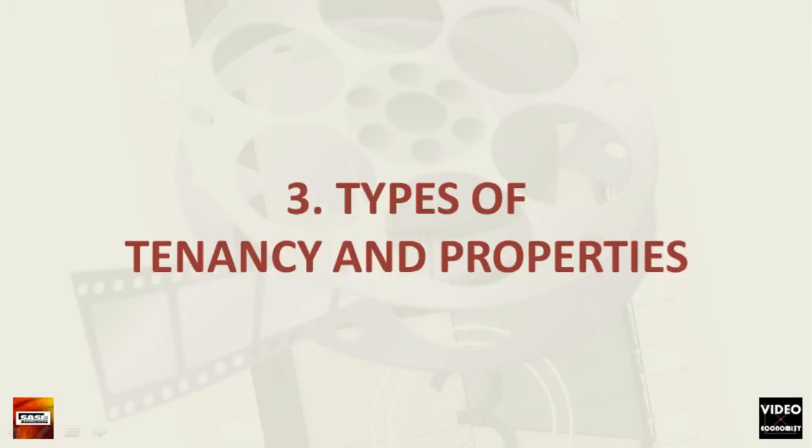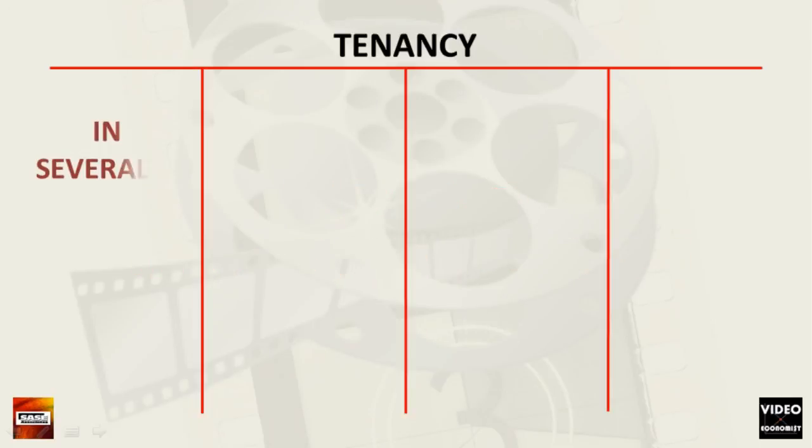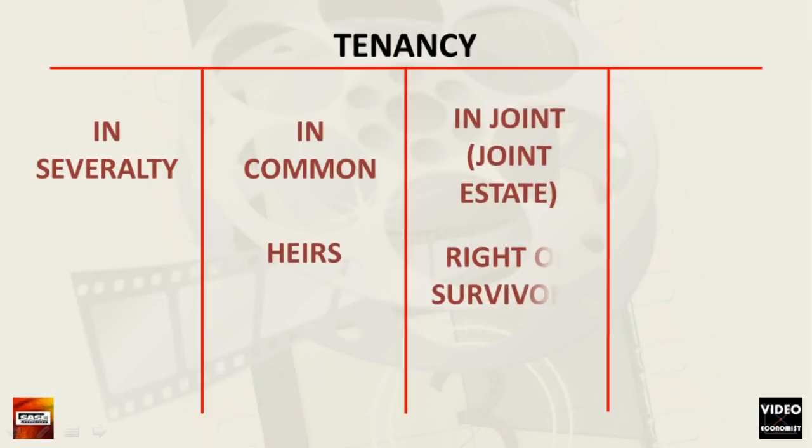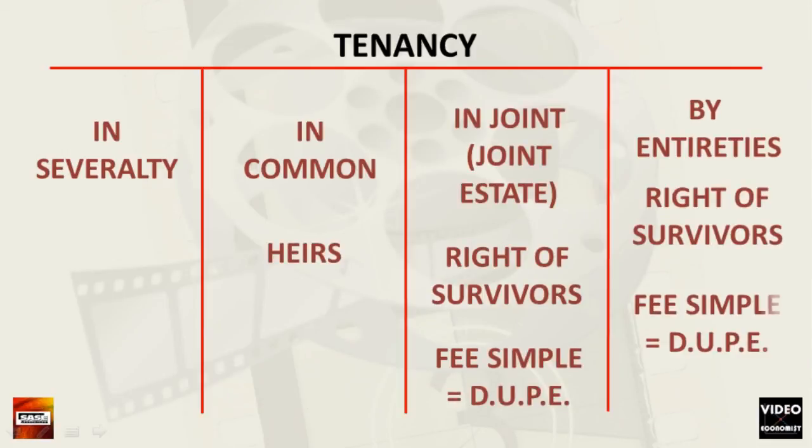Let's talk about the types of tenancy and also types of properties. Again, you may want to pause, take a look at this chart, but there's tenancy in severalty, a number of people, in common, oftentimes between a married couple, and where there's heirs specified for that tenancy.